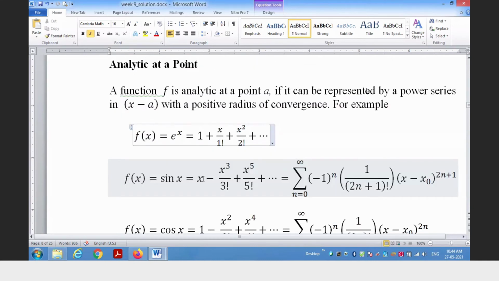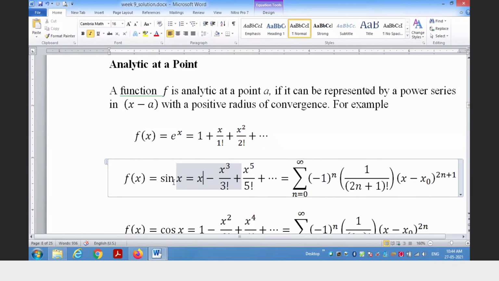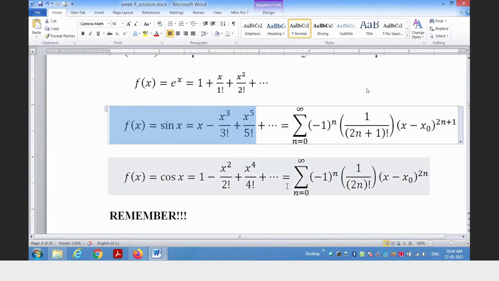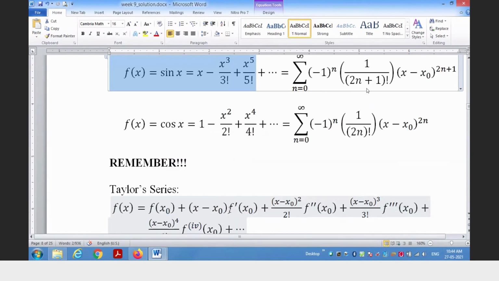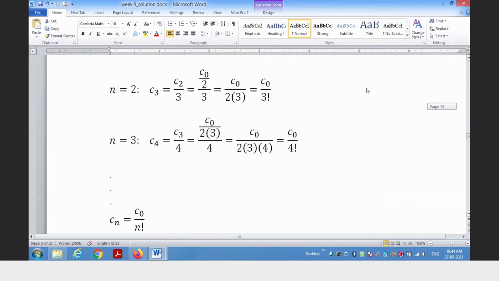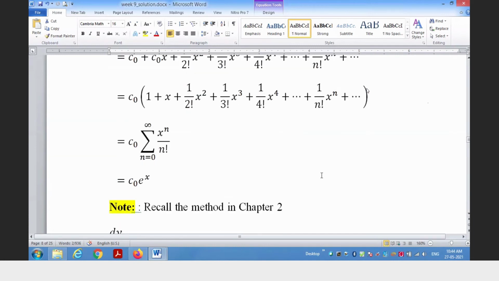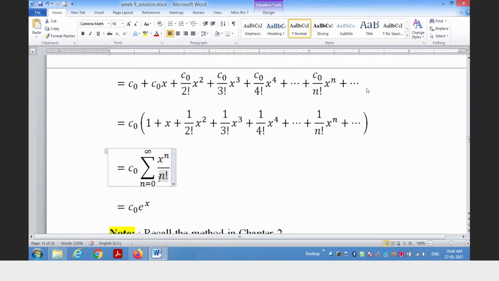This is for sine, and this is for cosine. How to get this? We use Taylor's expansion. You learned that in calculus 2. So this, in terms of solution in series, is equivalent to this.